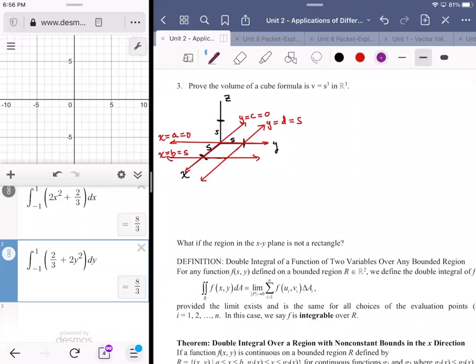So we want a surface z that is parallel to the xy plane with height of s. Well, that's actually just the definition of a plane.